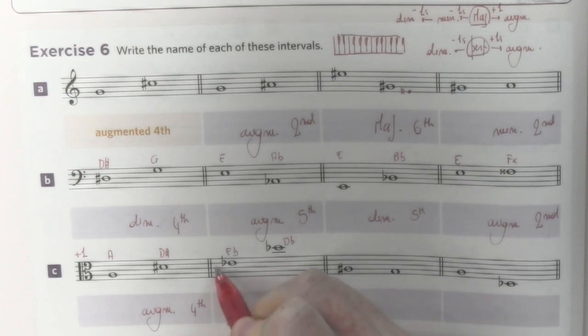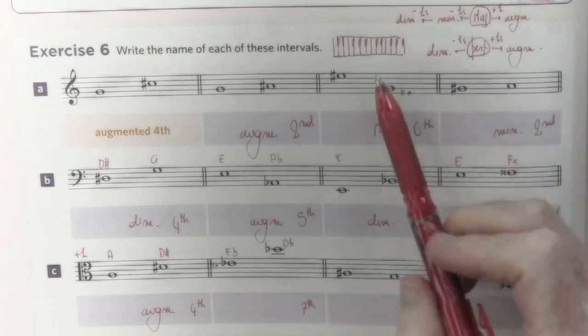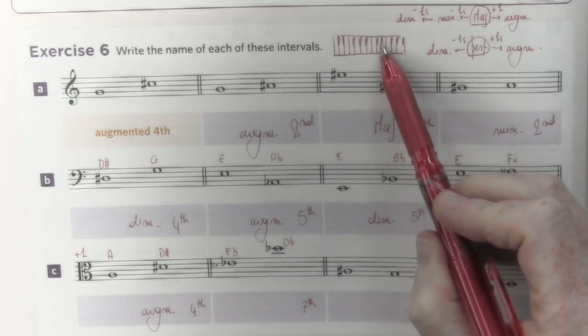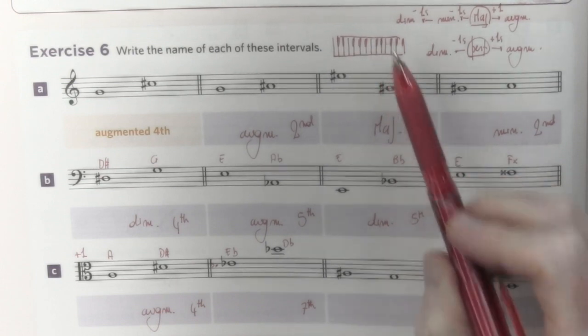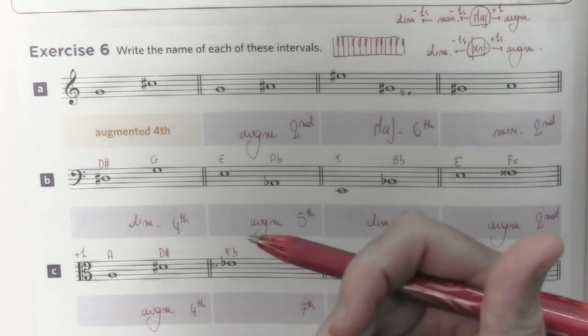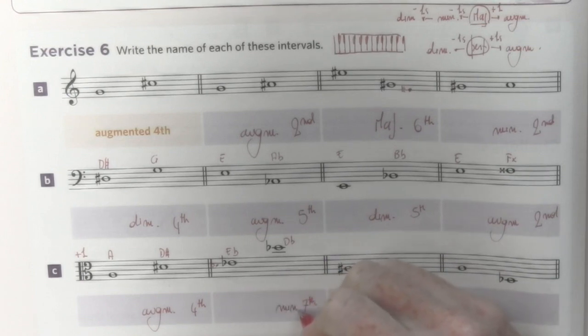We flip it over and we write it here. Now, Re flat, Mi is a second, but what kind of second? Re flat, Mi flat is 2 semitones. So it is a major second. If we flip it over, it becomes a minor seventh.